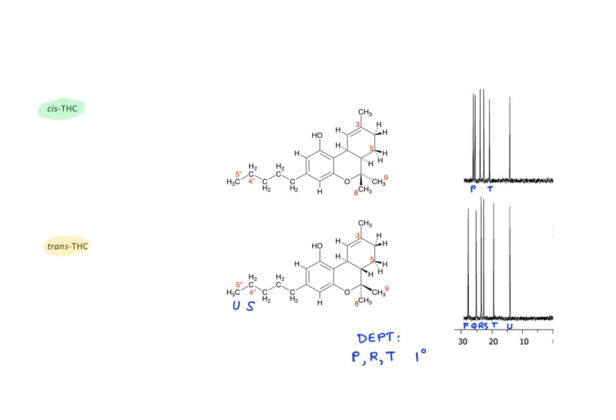We see a larger difference in relative chemical shifts for P and T for the trans THC, suggesting that P is equatorial and T is axial. But the difference is not as great in the cis diastereomer, where we've already seen that there is not as big of a difference between axial and equatorial methyl protons.